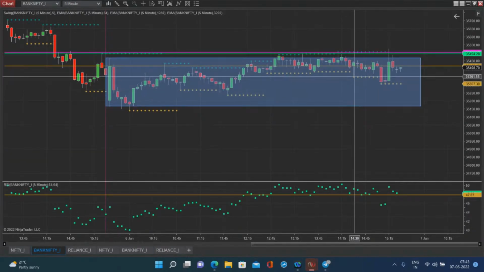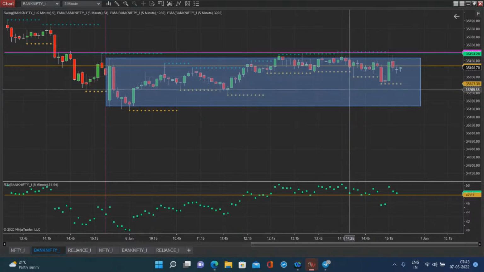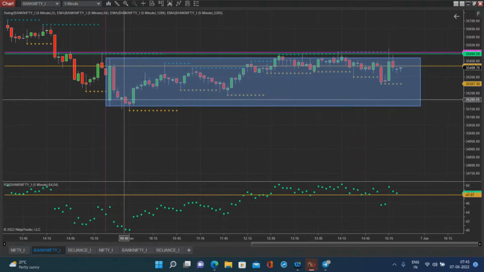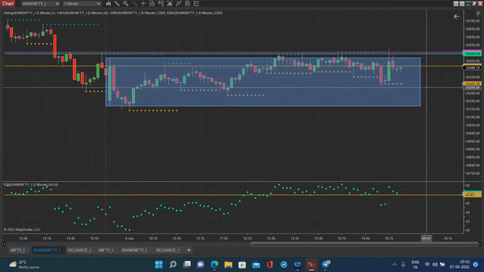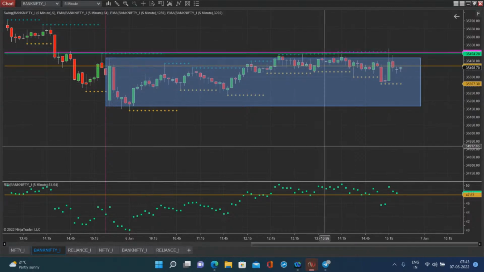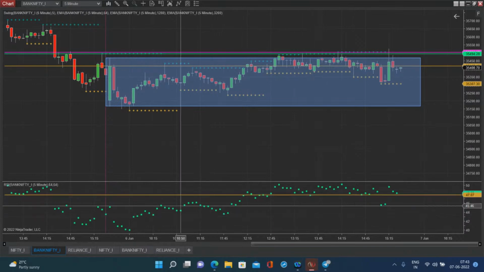That remains a key level, which was not broken considerably yesterday. You see that we did not spend time below that level, and today we have to break that. On the upside, we have to break the 35,500 or 650 levels to get any considerable upside.